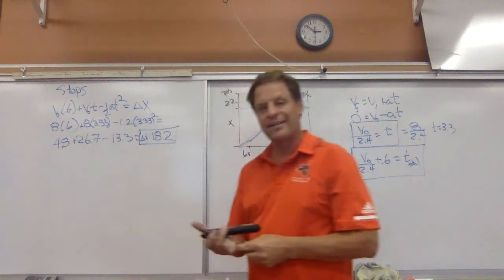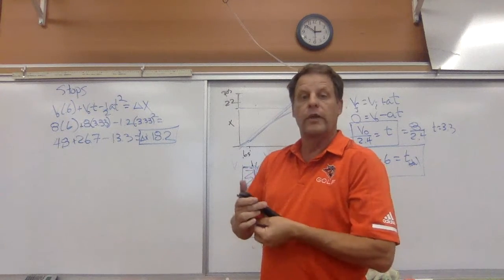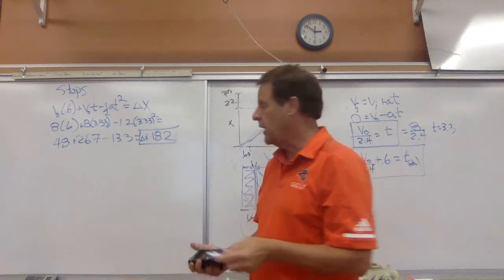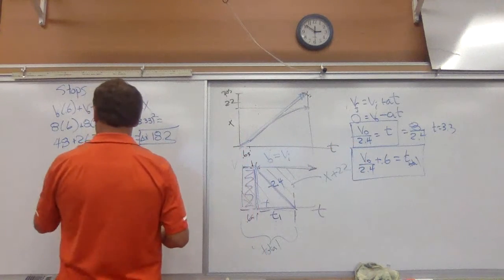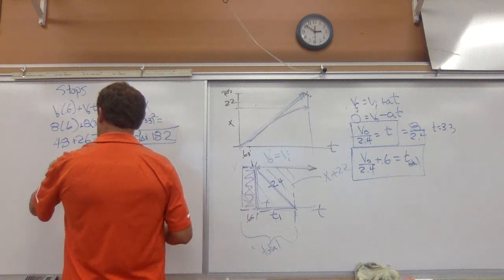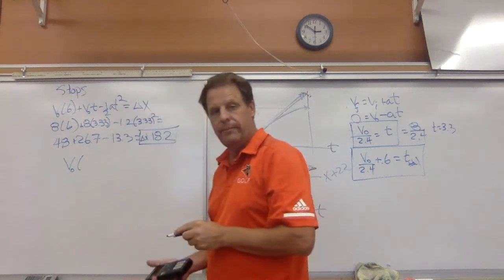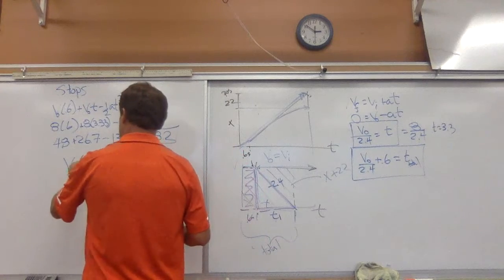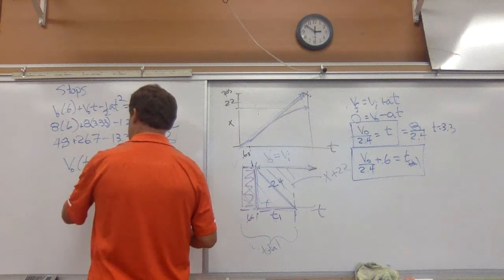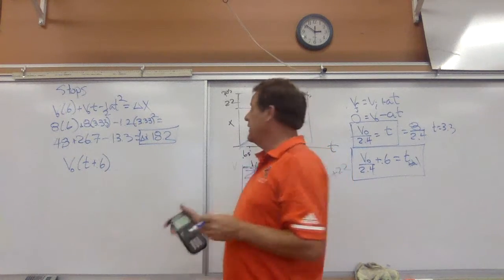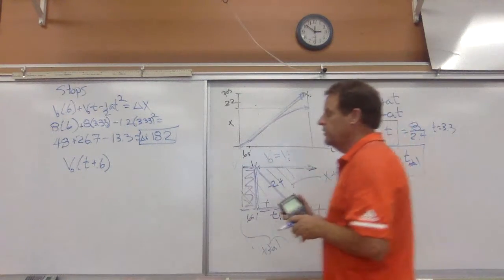So now we're going to compare that with how far the car is going to go if it doesn't stop. Okay, and that is going to be the initial velocity times the total time, which is going to be T plus 0.6. But that is going to give us x plus 22.